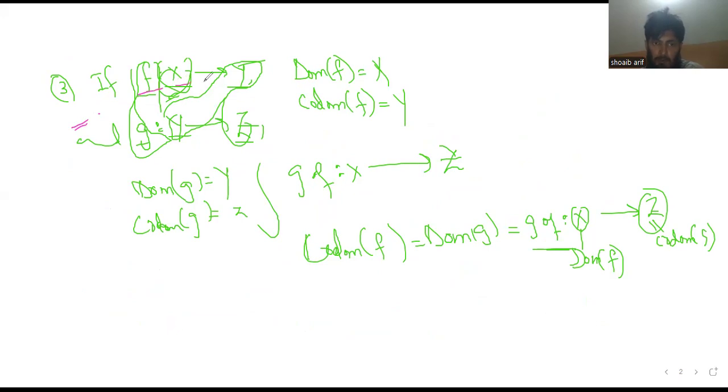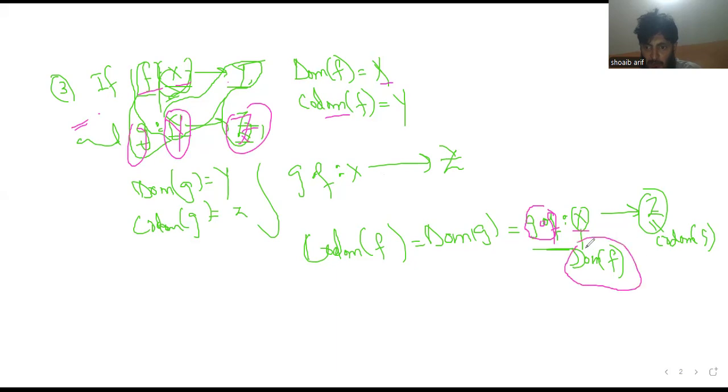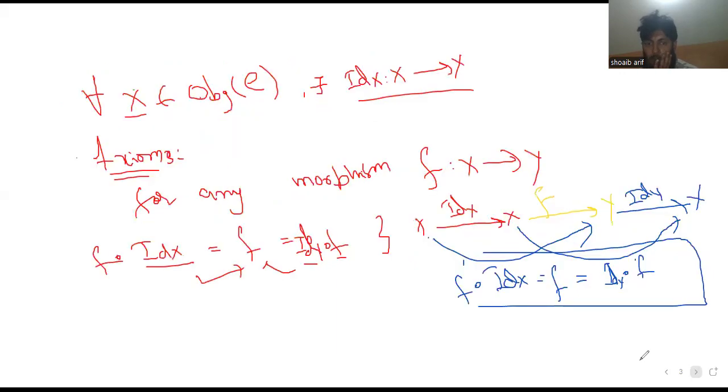If F is a morphism from X to Y, whose domain is equal to X and codomain is equal to Y, and there is a morphism G from Y to Z, whose domain is Y and codomain is Z, so we can compose both morphisms and get the composite morphism G of F from X to Z, whose domain is equal to the domain of F and codomain is equal to the codomain of G. Okay. So next, for all objects belonging to the objects of the category, there exists an identity morphism.